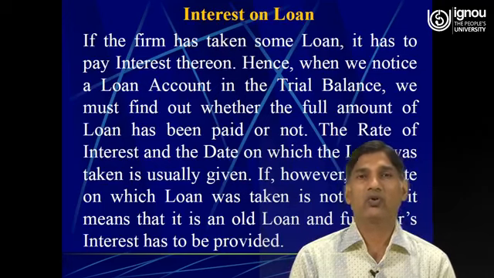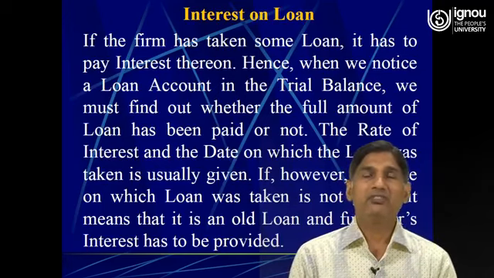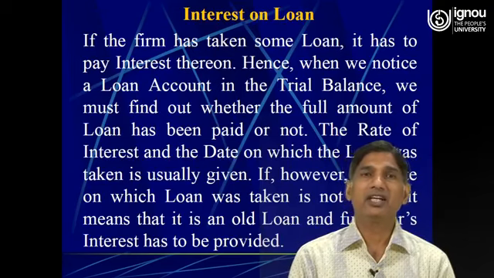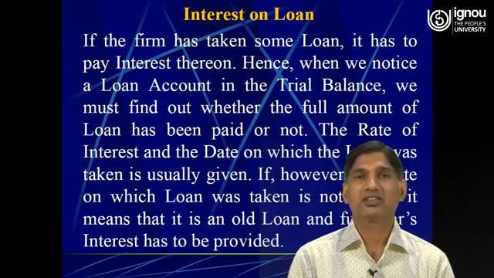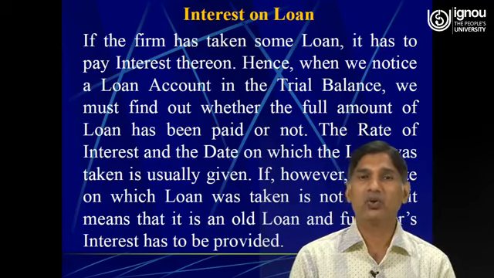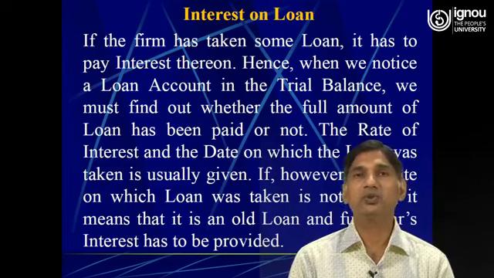Interest on loan. If the firm has taken some loan, it has to pay interest thereon. Hence, when we notice a loan account in the trial balance, we must find out whether the full amount of loan has been paid or not. The rate of interest and the date on which the loan has been taken is usually provided in the trial balance.